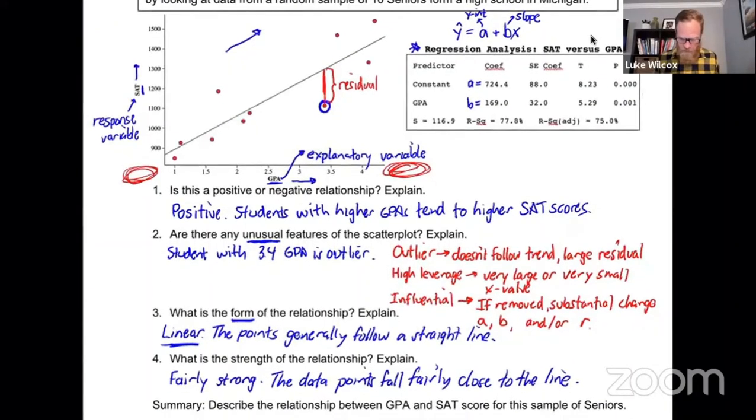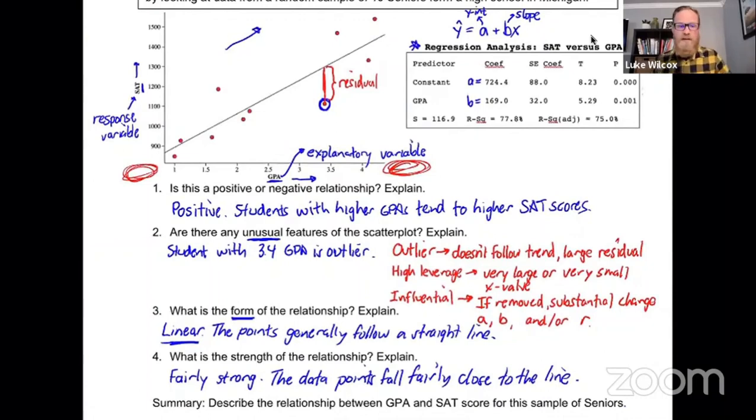Okay, now we're going to take a little bit of a pause here before we summarize. And that's to notice exactly what we have commented on in the first 4 questions here, because each one of these questions is giving us something that's really important. In question number 1, where we indicated positive or negative, what we were describing there is the direction of the relationship.